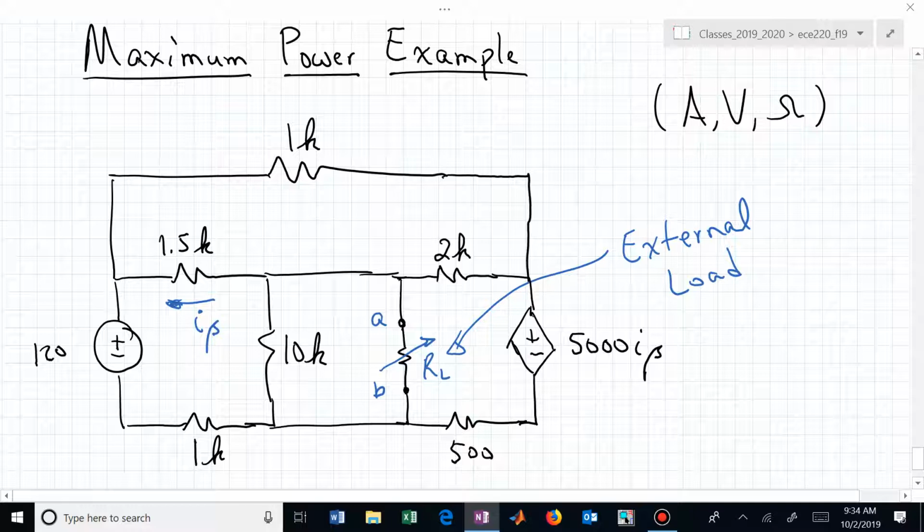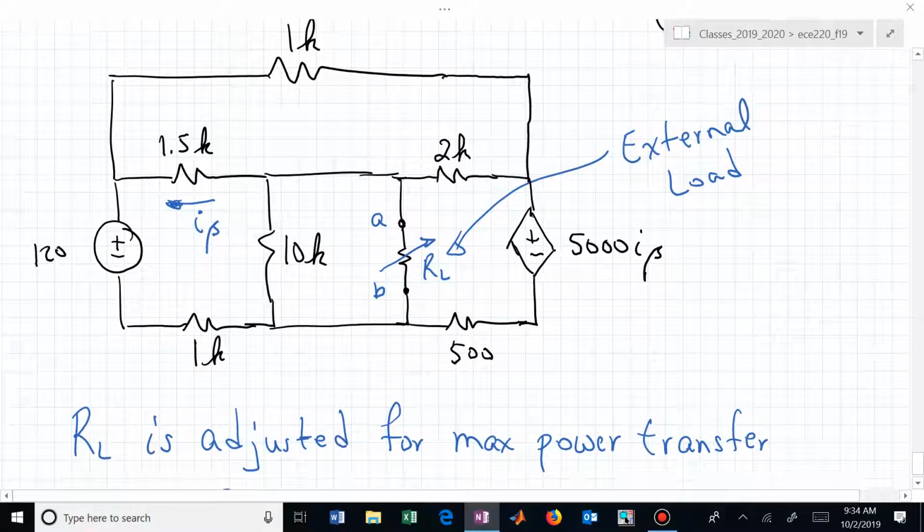Do you see R Thevenin from this circuit? Give me a break. Well, we're going to compute it. You have the skills, you have the technique to do that. So here's our strategy.